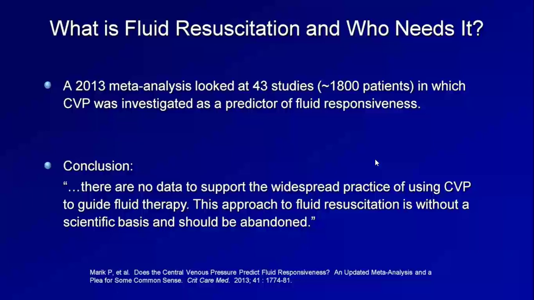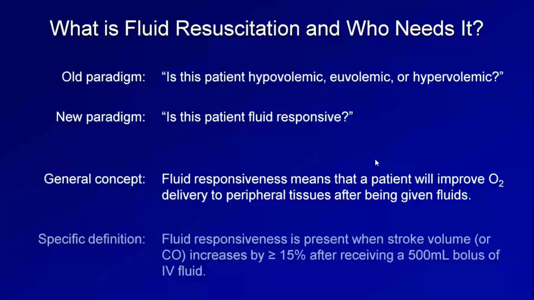This is based on a meta-analysis of 43 studies, including about 2,000 patients, in which jugular venous pressure was investigated as a predictor of fluid responsiveness. The conclusion was that there is no data to support the widespread practice of using jugular venous pressure to guide fluid therapy, and this approach to fluid resuscitation is without a scientific basis and should be abandoned.